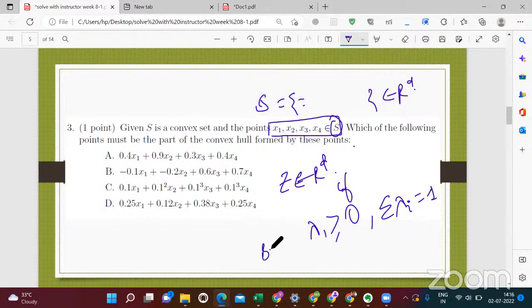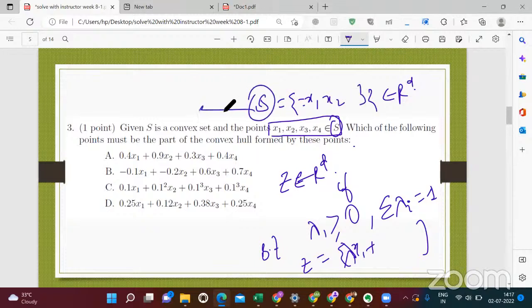Then the combination you get from lambda 1 x1, and so on, of the set in S, where X was a convex set, will also be a convex set, or it will be a part of the convex hull.